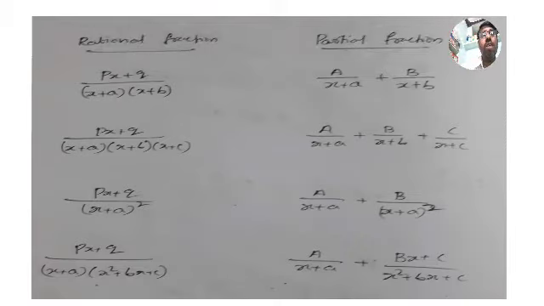Third one, (px+q)/(x+a)^2, then A/(x+a) + B/(x+a)^2. Fourth one, (px+q)/((x+a)(x^2+bx+c)): for linear, A/(x+a), and for quadratic, you have to write the numerator linear, (Bx+C)/(x^2+bx+c). So this is how we convert rational fractions into partial fractions.